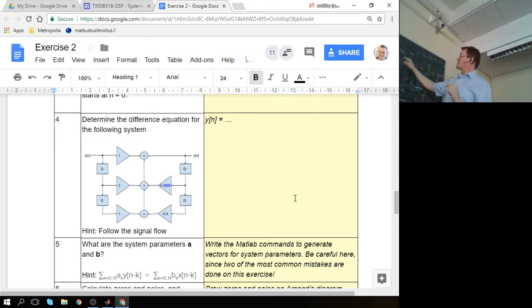When you define first the difference equation, basically just by following the signal here, the next part would be writing this, but these coefficients must be taken from the form where everything with the y on it is on the left hand side. So you're basically moving this here, meaning the sign changes. So be careful on that one. Now you have been warned, and some of you still make this mistake.